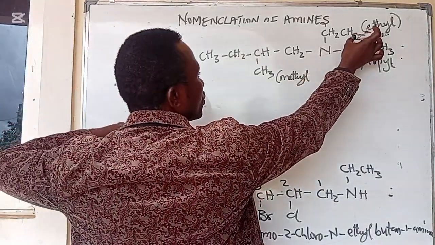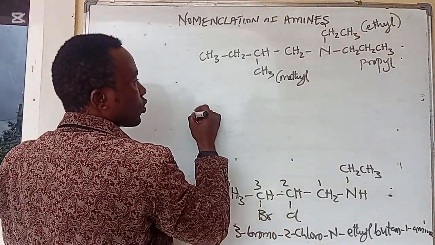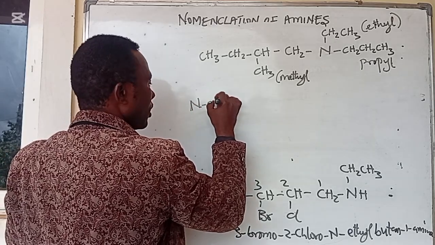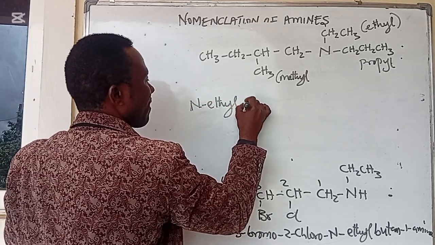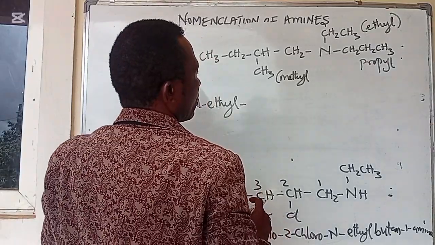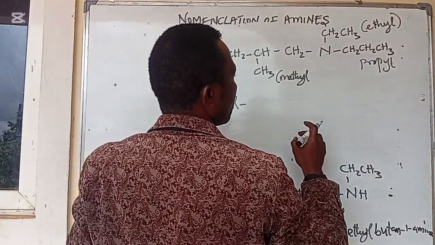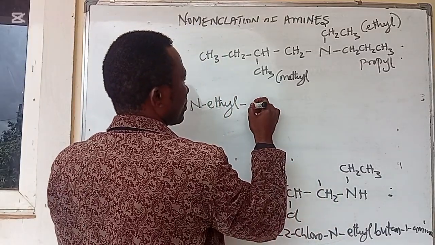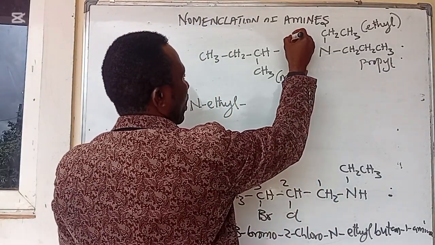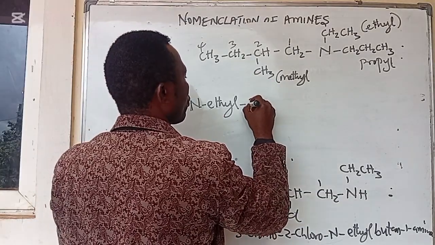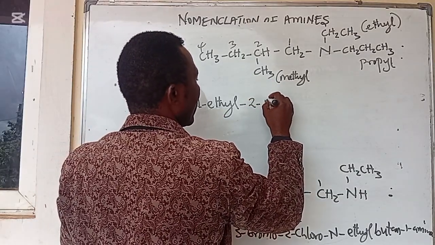Now, E should be named first, and that is N-ethyl. After E, we name M, which is methyl. Remember, here is 1, 2, 3, and 4. So this is a 2-methyl.